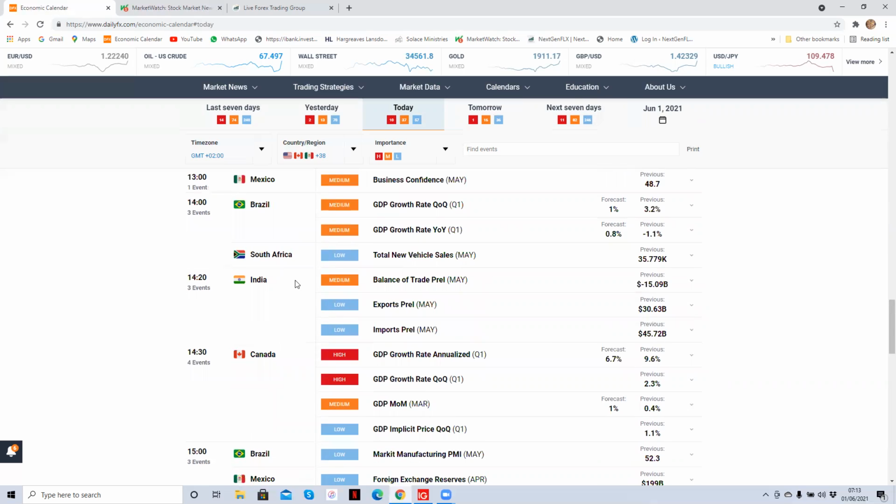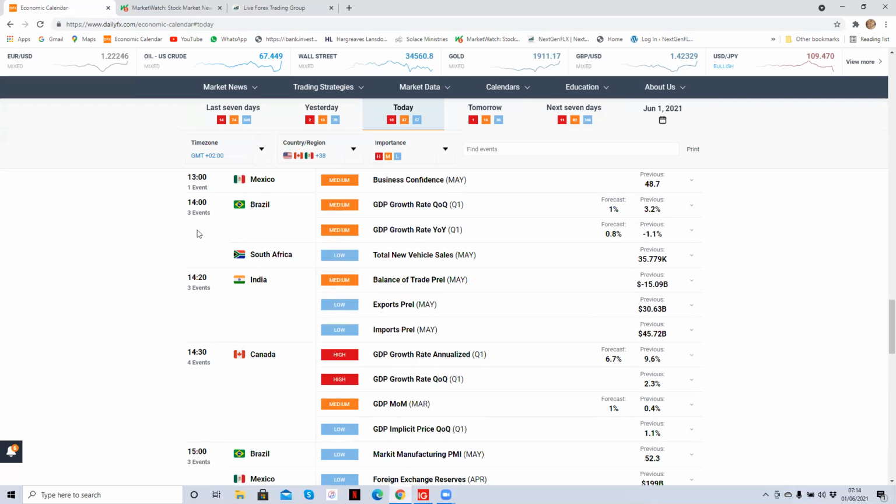Same for the Canadian dollar, I will only have one attempt today at around 2:30. So for the rest of the week, I'm just going to have one attempt a day, and that will be it leading up to Friday. So again, you can see how the economic calendar guides how you trade that day, how often you trade, and what time you trade.